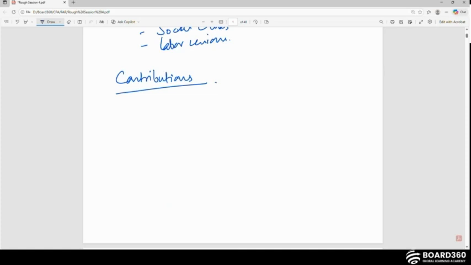Contributions are kind of revenue for the not-for-profit organization, because this is something provided by the donors. However, these contributions are known as non-reciprocal receipts, because as a not-for-profit organization, you are not giving anything in exchange for the amount that you are receiving.